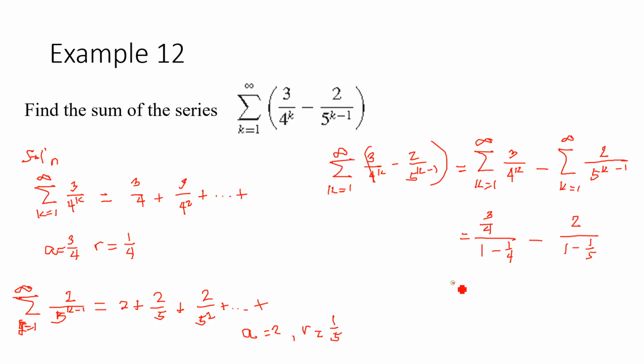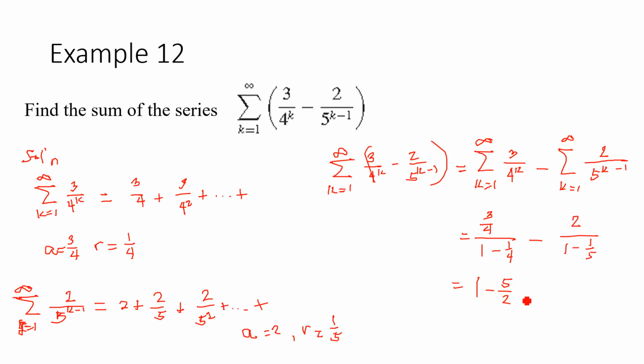So here, 1 minus 1/4 is 3/4. 3/4 over 3/4 is equal to 1. Minus here, 1 minus 1/5 is equal to 4/5. So 2 divided by 4/5 is 2 times 5 over 4, so that is 5 over 2.